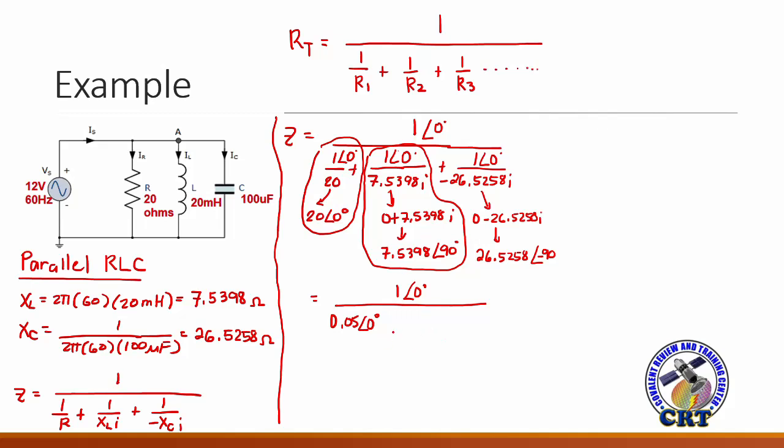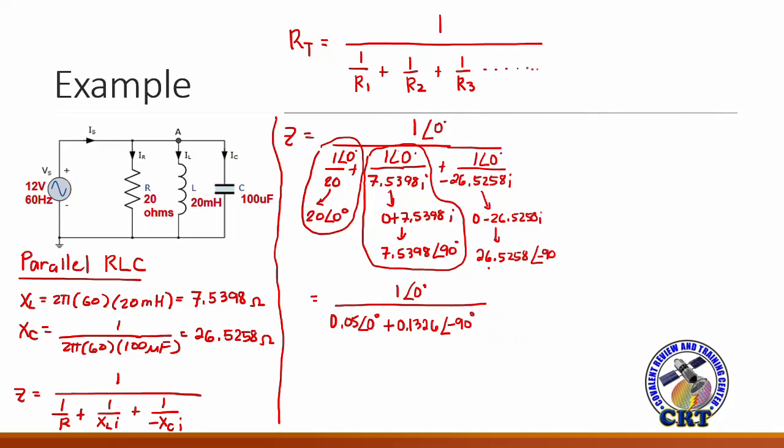So this is equivalent to positive, let us use 4 decimal places, 0.1326. For the angle, that is a division operation, so 0 minus 90 is negative 90 degrees.